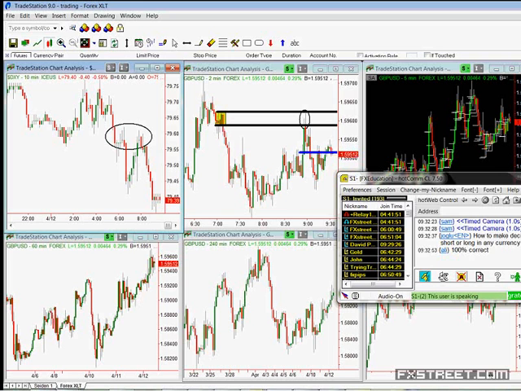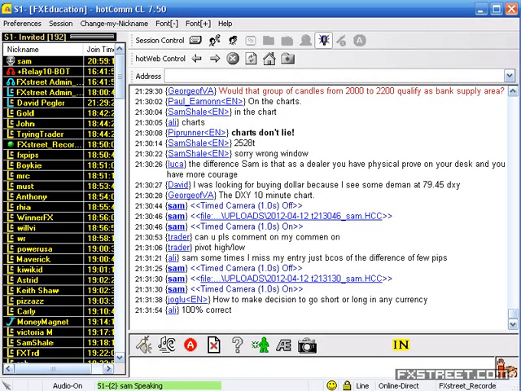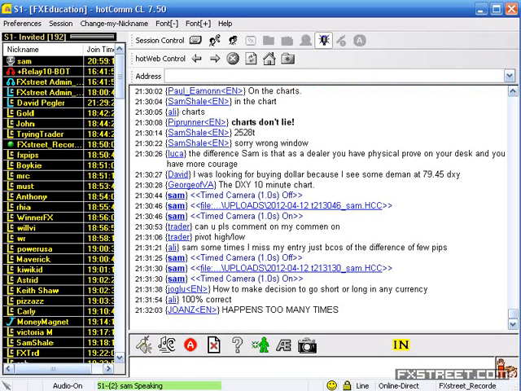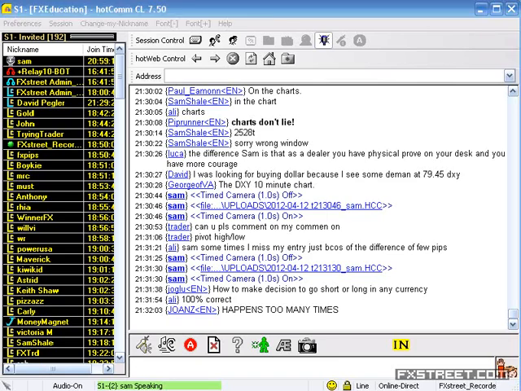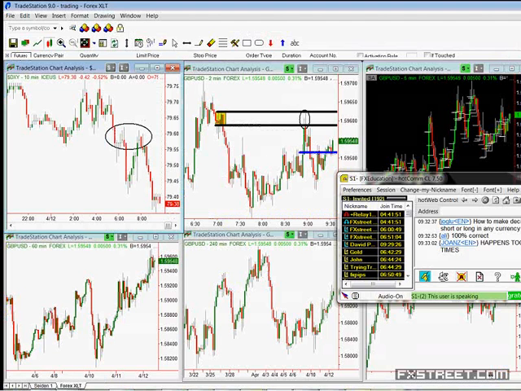So Ali is saying 100% correct. So what is Ali's real issue? Why is that happening? Joanne's is saying that happens too many times. That is happening 100% because now you are competing with banks and institutions. You're buying and selling where they're buying and selling. Does that make sense? That's why it's tough to get filled in those areas.